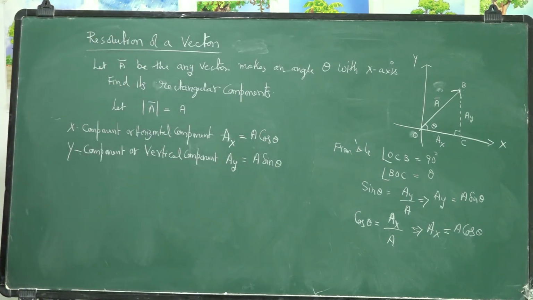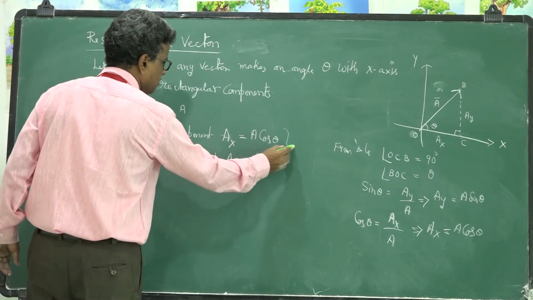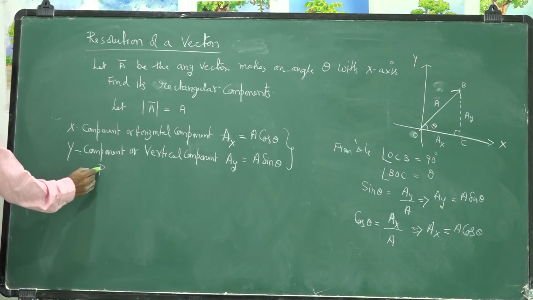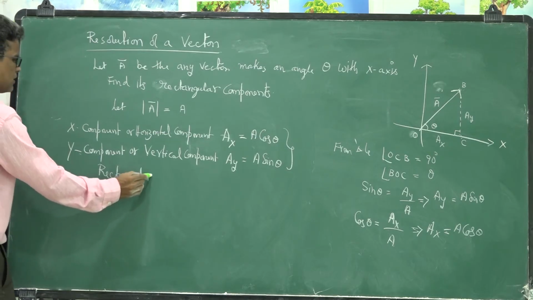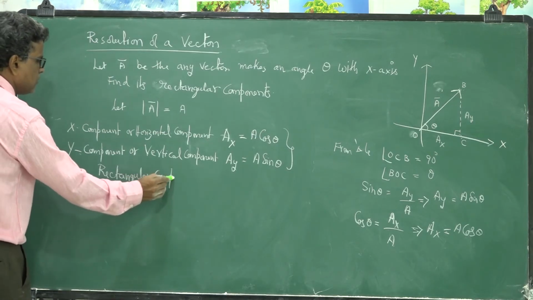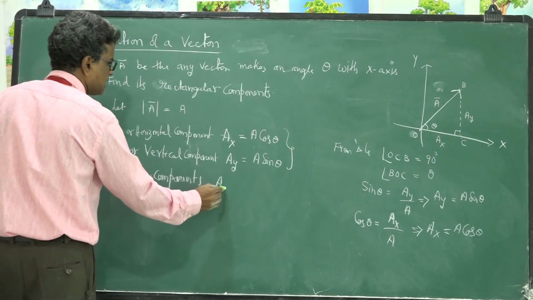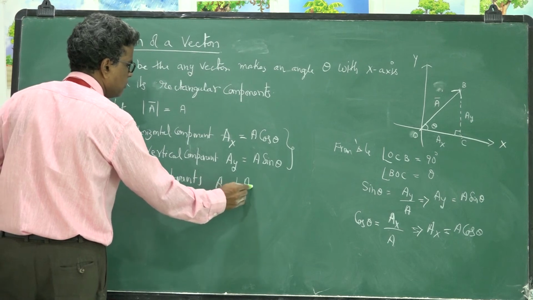So the x component and y component are called rectangular components, because the x component is perpendicular to the y component.